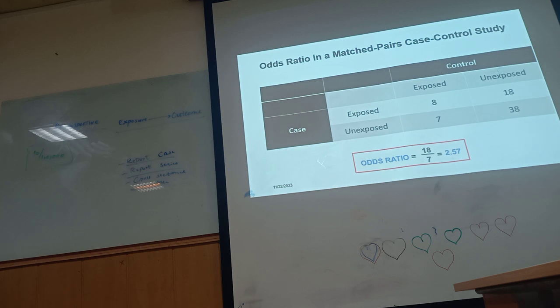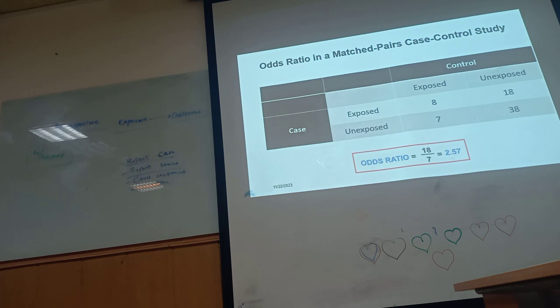How can you interpret this? Control is unexposed and the case is also unexposed. The interpretation is the same as the ordinary odds ratio. It's the same as the risk ratio. It means that exposure is associated with the disease.